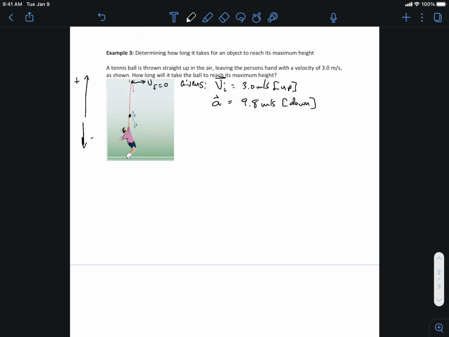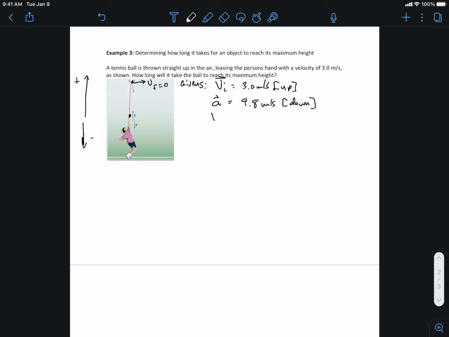So whenever you're talking about the maximum height of something, there is a split instant in time where the object reaches a zero velocity and turns around, right? It's in that turning around that the object has reached that final velocity of zero.